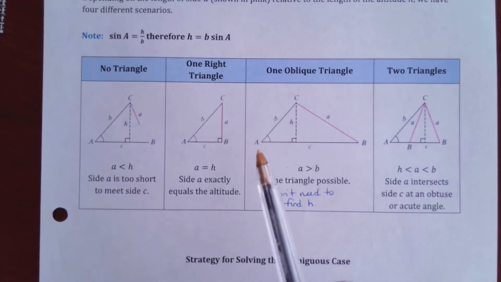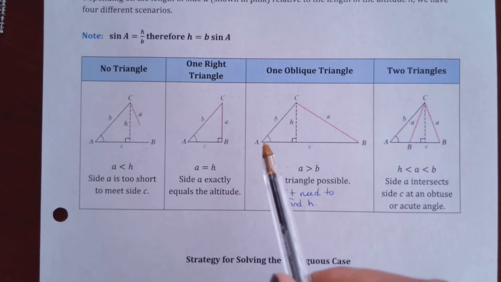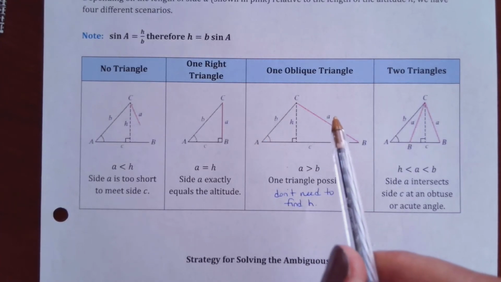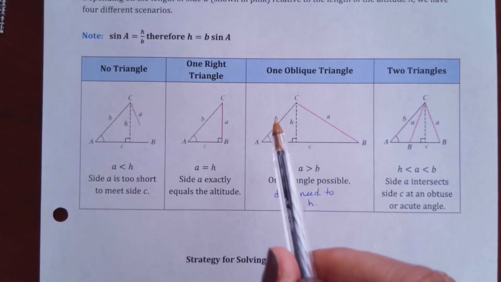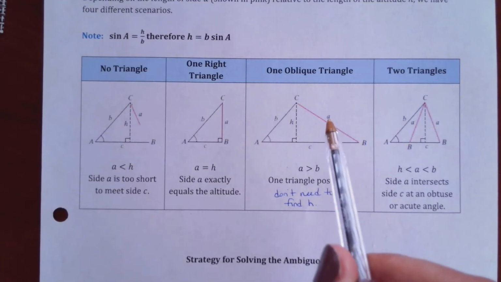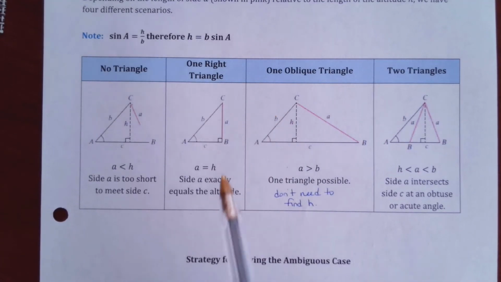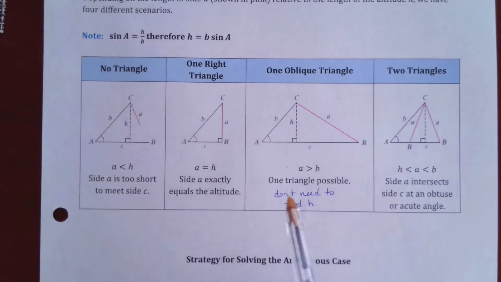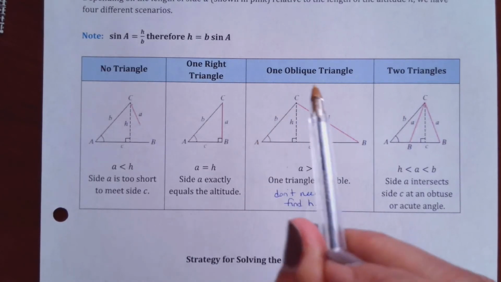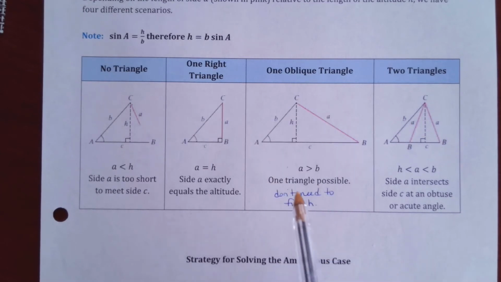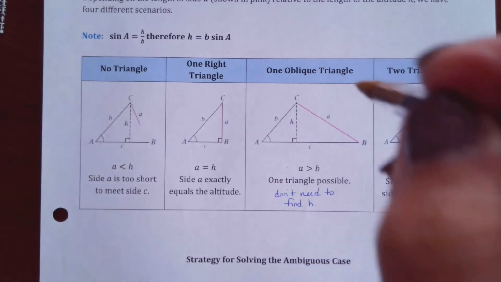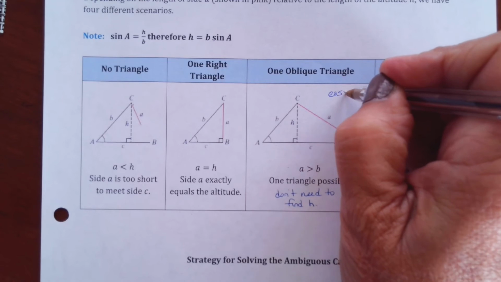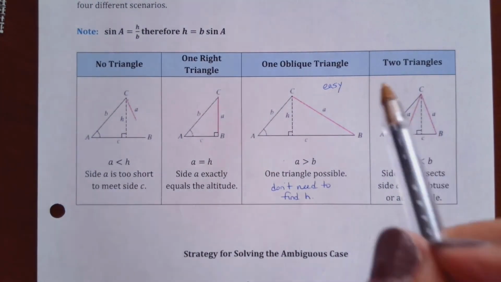If you're given an angle, the side opposite that angle, and another side, if this side is bigger than this side, you automatically have one triangle, and you can do it just like we did those first 2 problems. This is the easy one, because you will get one triangle and you find it exactly the same way that we've been doing it. So I'm also going to put easy here because there's nothing new with that one.